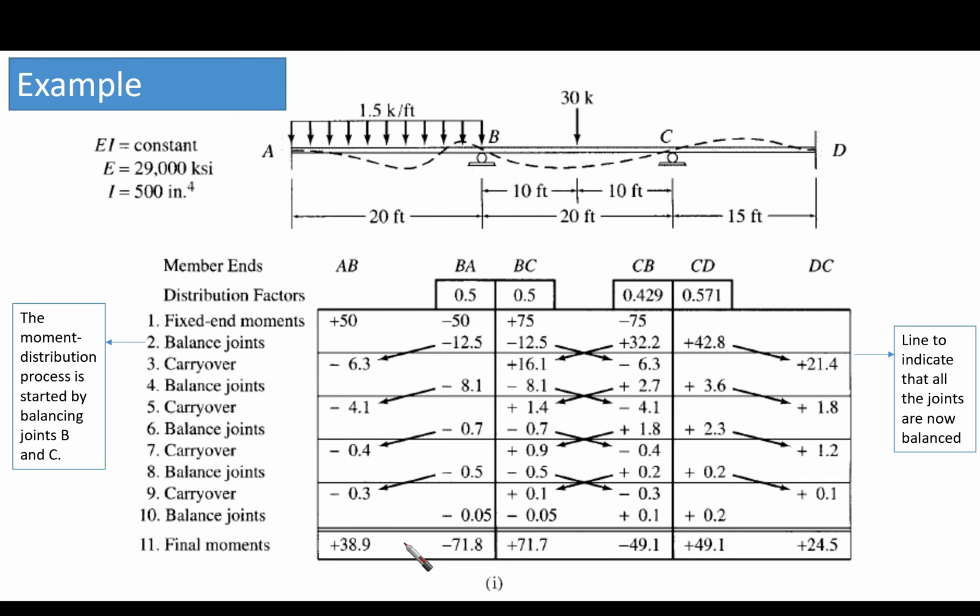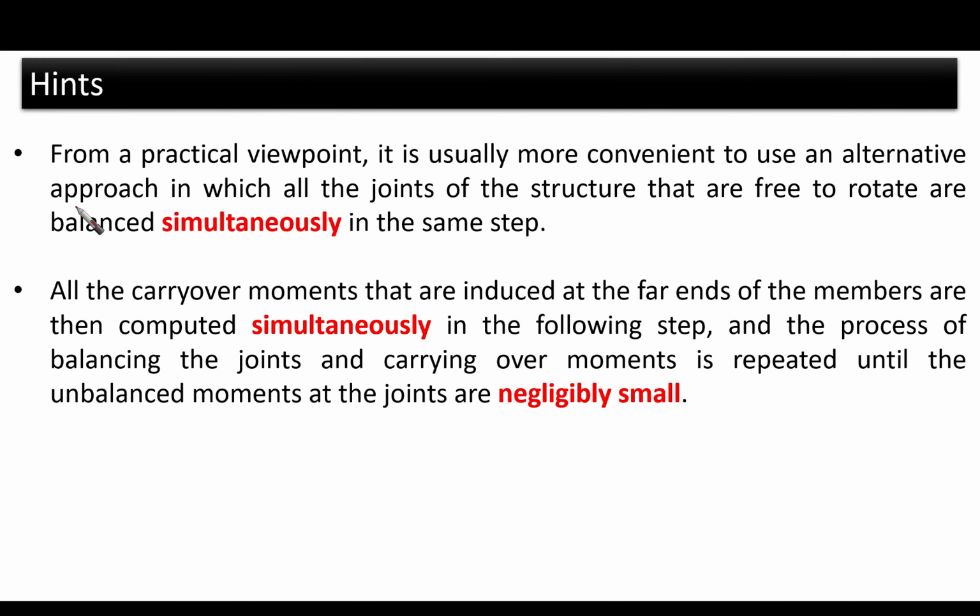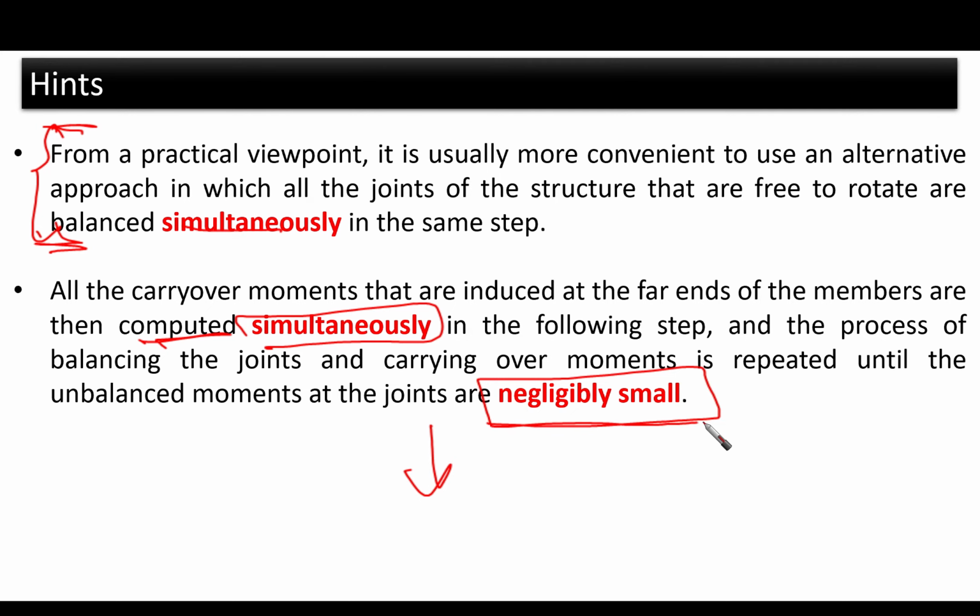So this clearly explains what I was talking about, which is the practical point of view: balancing simultaneously and working on the carryover simultaneously, with repetition until we get negligibly small moments.